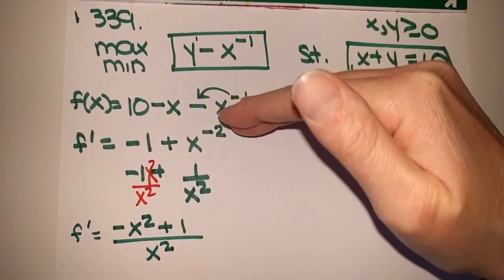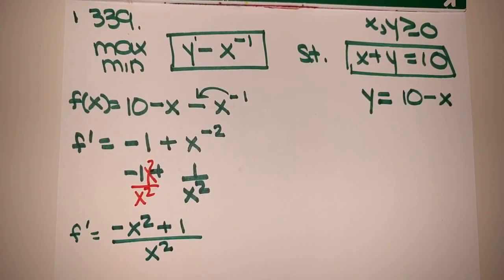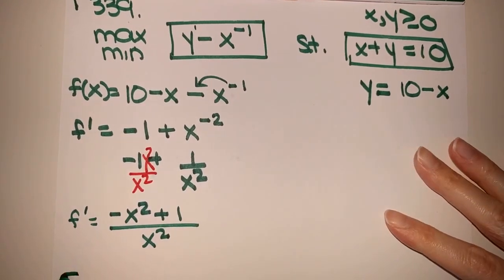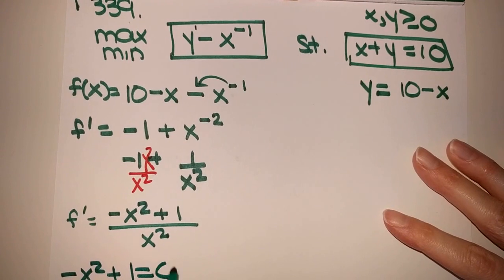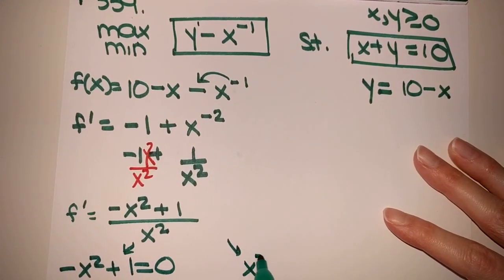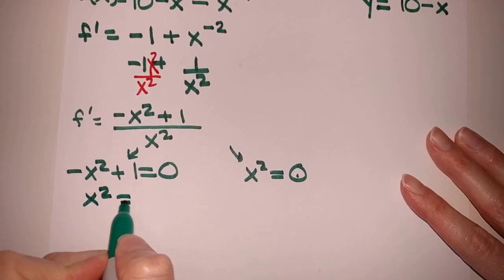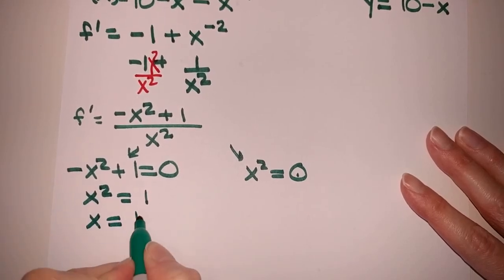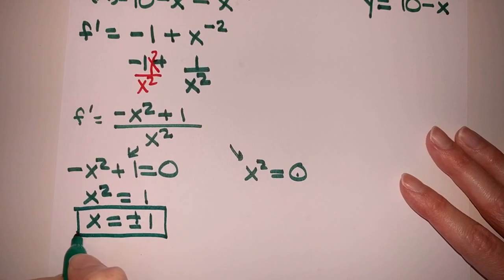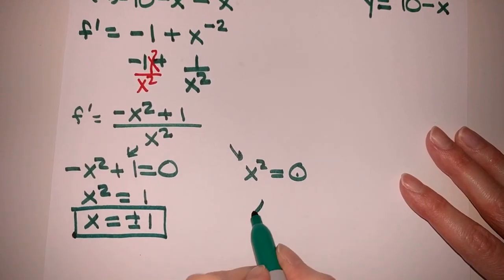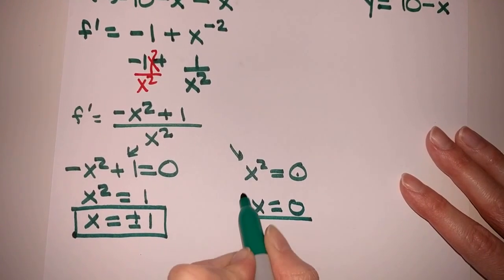Now again, from here on, all we're doing is applying that first derivative test. So with our first derivative test, we set the numerator equal to 0, and then we set the denominator equal to 0. Solving the numerator equal to 0, we get x squared is equal to 1. So taking the square root, we get x is equal to plus or minus 1. Over here, we get x is equal to 0.